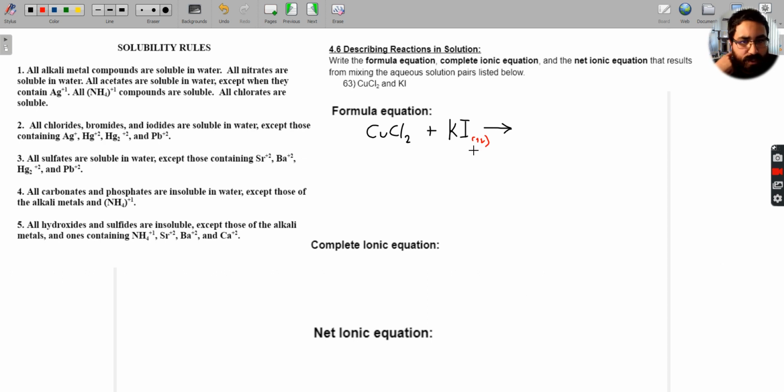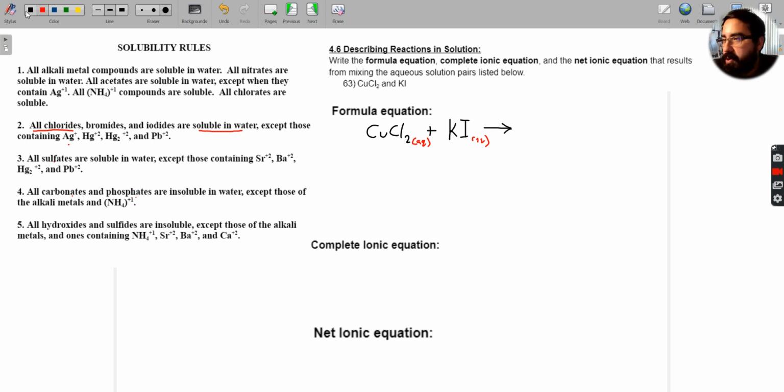Now the next thing is chloride. Let's check right here. So hydroxides, carbonates, phosphates, sulfates, chlorides. All chlorides are soluble in water, except those 4. It doesn't have any of those 4, so it is aqueous.